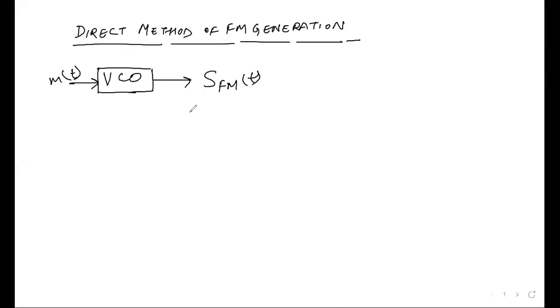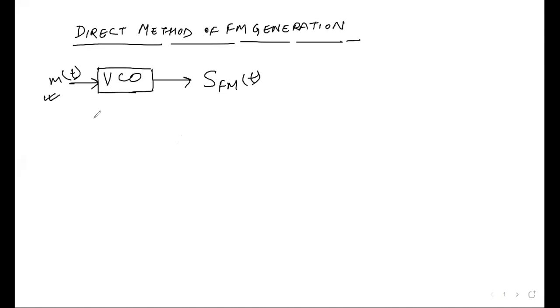Various types of devices can be used, like varactor diode, or the FET, or the transistor BJT. All of these can be used, and based on the message signal, we find out the depletion width.